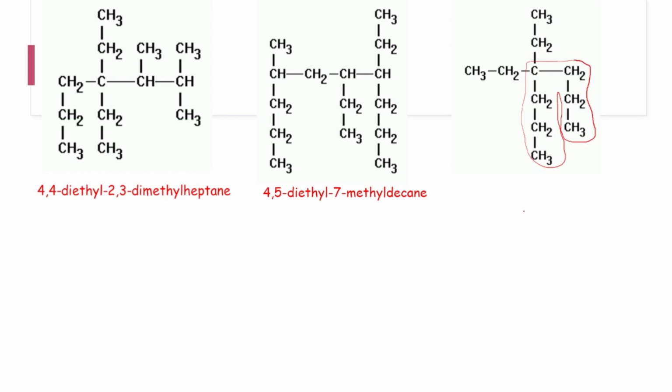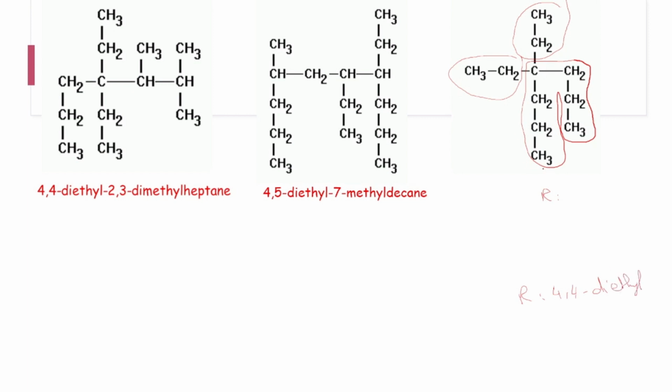Then I have to check the numbering from the right-hand side or the left-hand side, so that I give the substituents the least possible numbers, because here we have two ethyl groups as substituents. If I start from the right-hand side, I will have 1, 2, 3, 4. So the two ethyl groups will be at carbon number 4, so 4,4-diethyl.